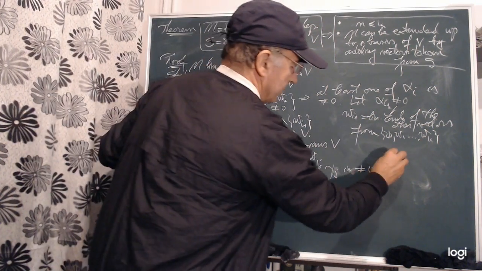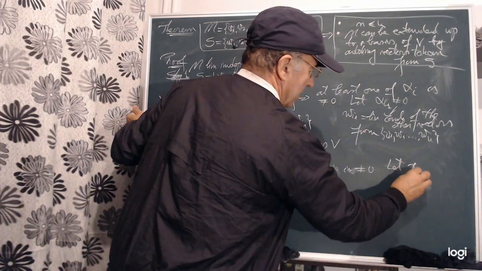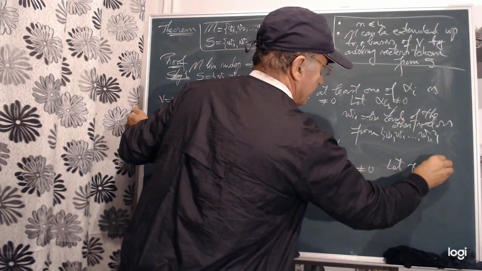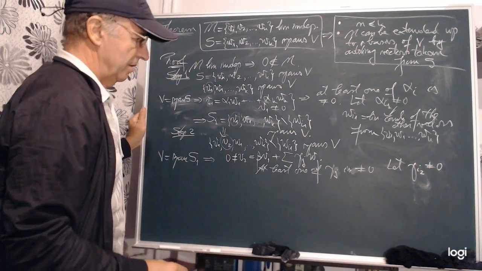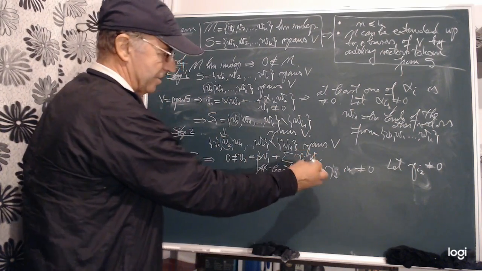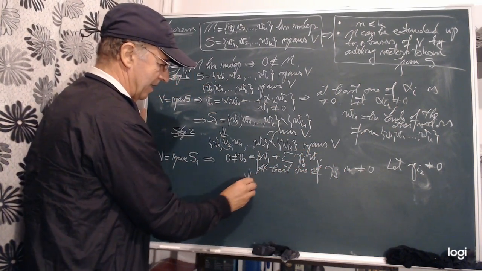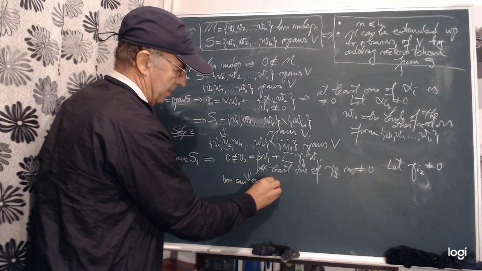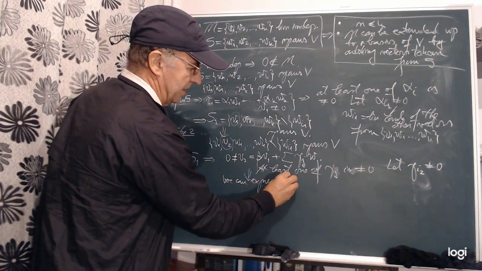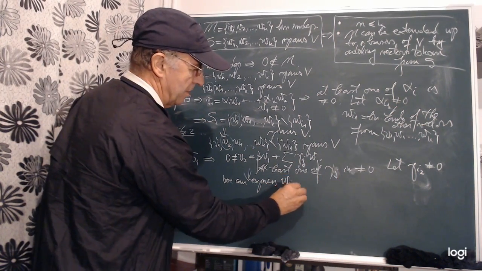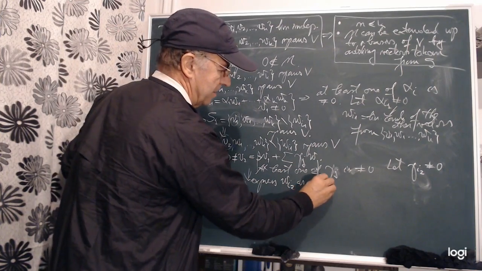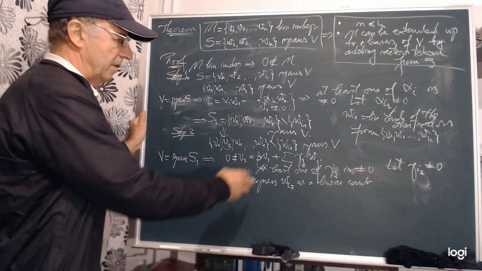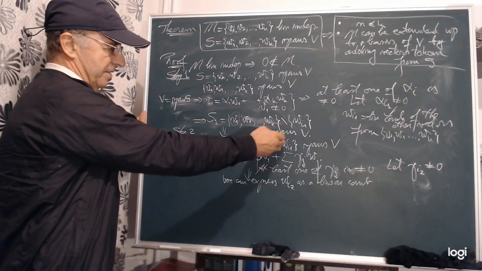Let gamma i2 be different from zero. So from this relation, we can express Wi2 as a linear combination of the other vectors from this system.